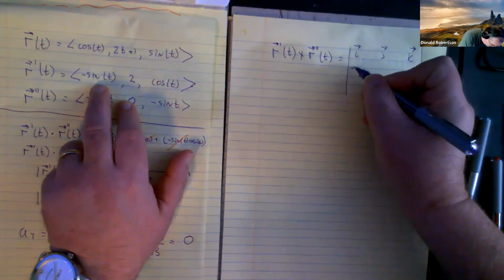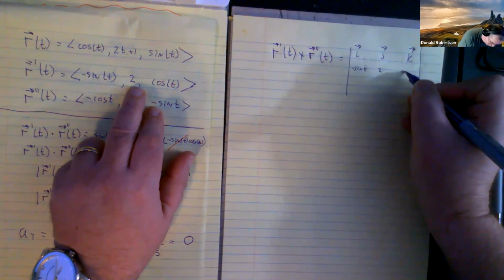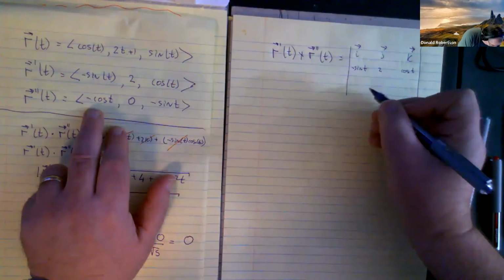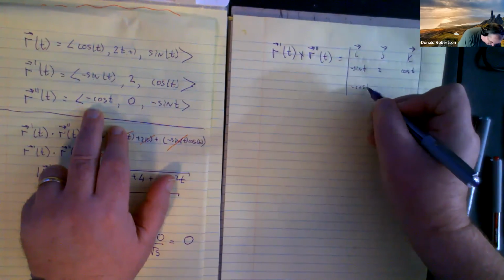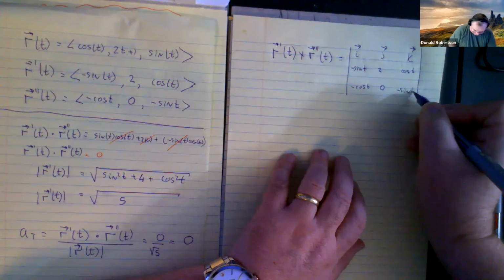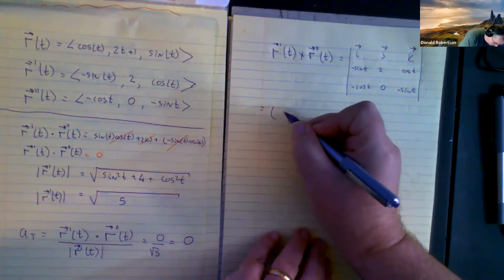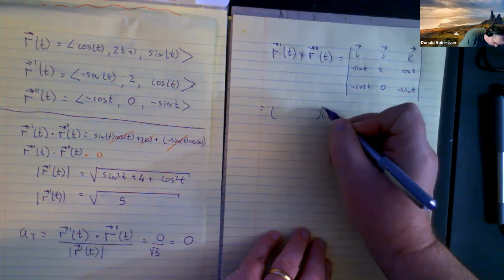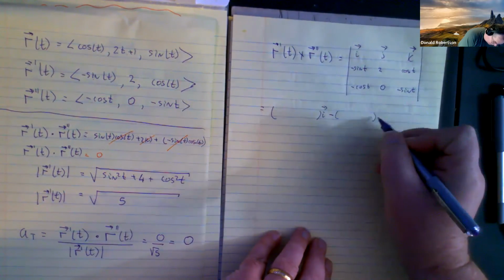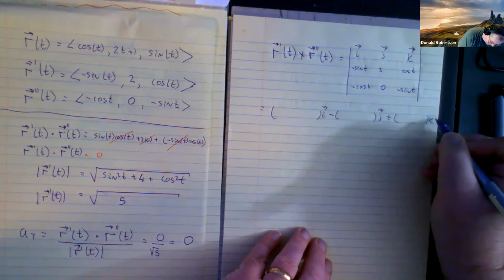Put in this one, negative sine t, 2, cosine t. Put in this one, negative cosine t, 0, negative sine t. And that's going to be so many i's, take away so many j's, plus so many k's.